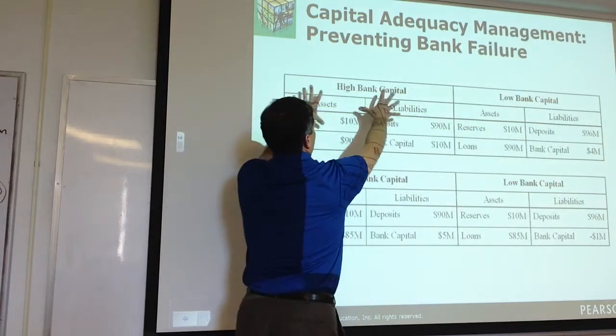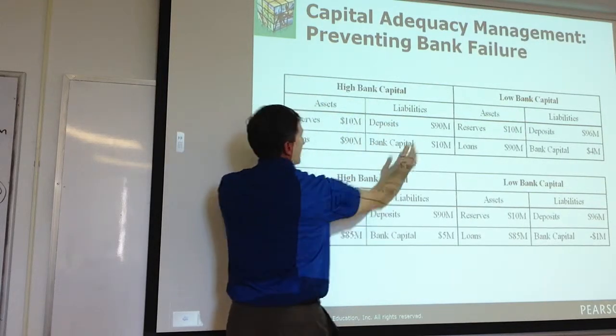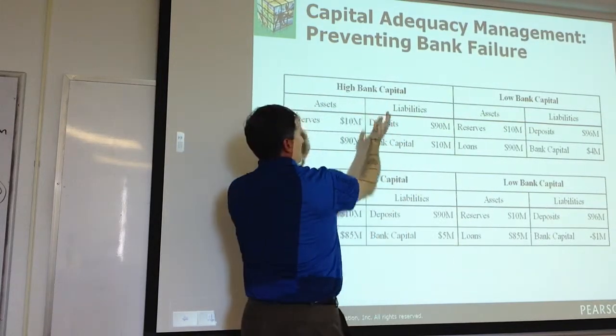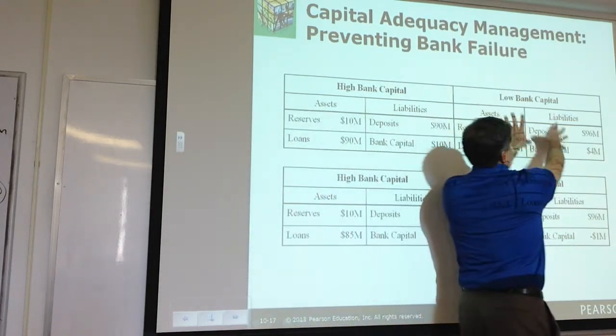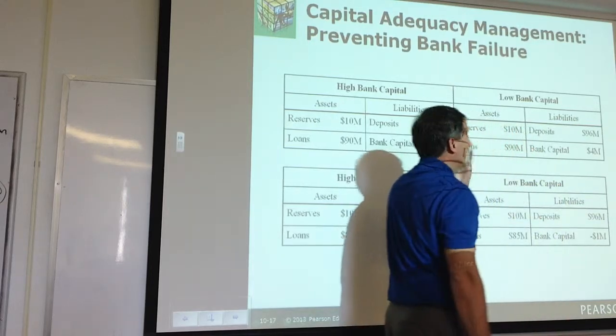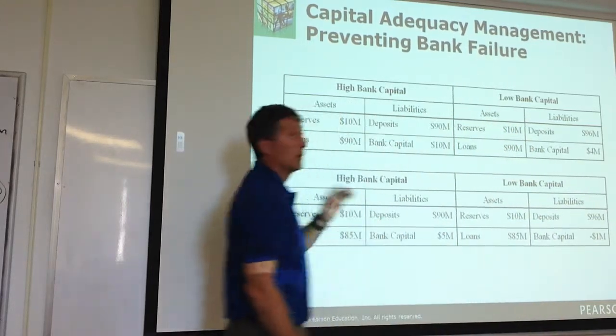Kind of moving from high bank to low bank. This is the event that happened if we look at new versus old. Here's the high bank situation. Here's the low bank situation. What happened from old to new?